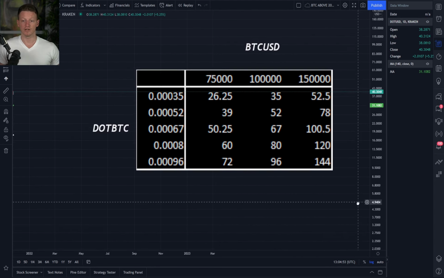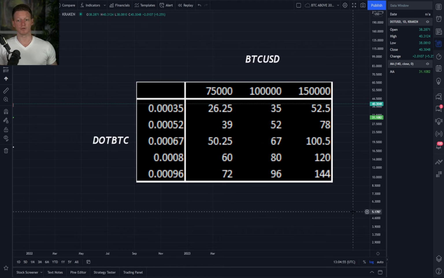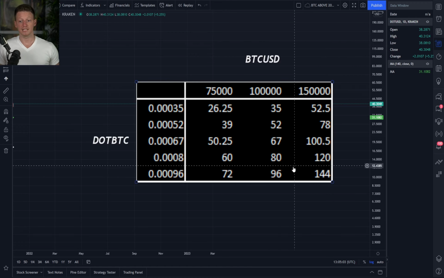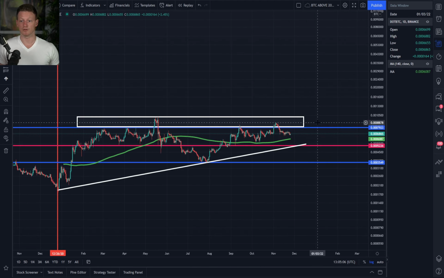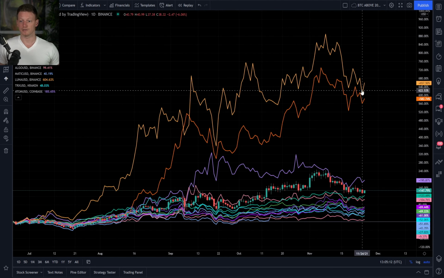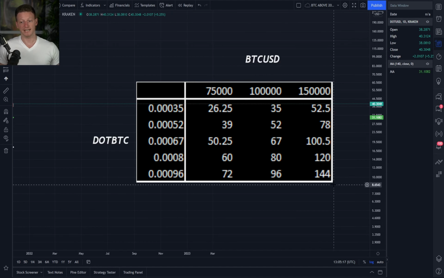And if you're extraordinarily bullish on Polkadot and you think, well, it was bypassed in this last market, so it's due to run, maybe it does break above this 10 level that we talked about. And maybe it does reach up to these higher valuations and start challenging these guys up here. And if that happens, then you can see that.